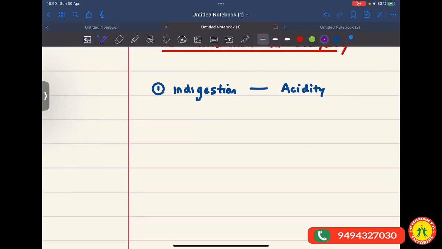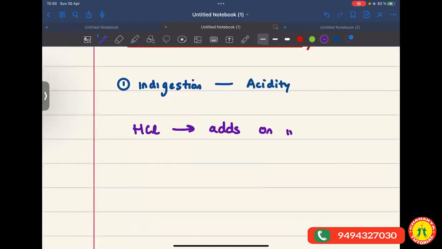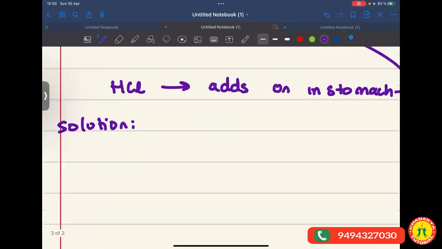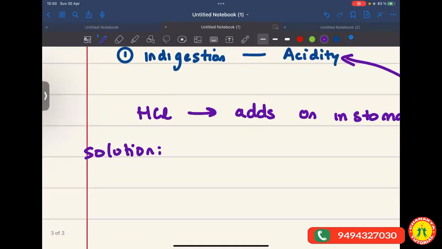What is the acid in your stomach? Ma'am, HCl. HCl is the acid that is in our stomach. So HCl adds on, which causes acidity. So you need to add a base for the solution, and the base is there is ENO and all, right?